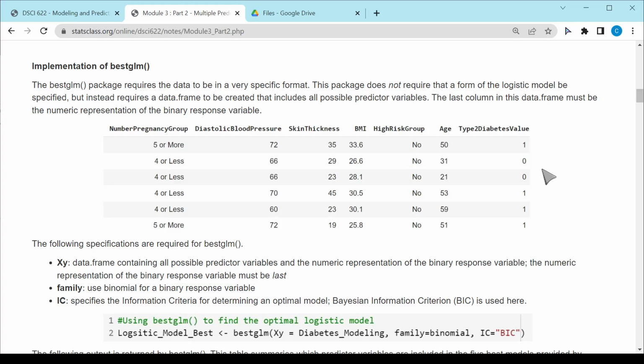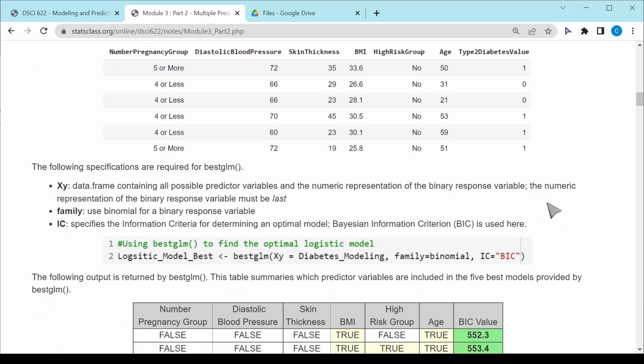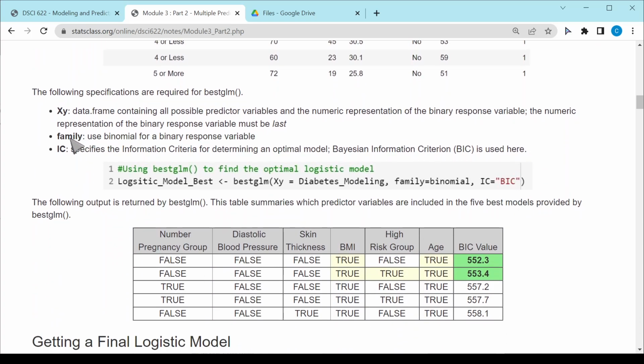This isn't unique to just bestglm. There are other packages that use this structure instead of the model structure that we've been using up to this point. We're going to again have to specify the family as binomial because we have a binary response variable. And then finally the IC, which is the information criterion, is just the criterion that you're using to determine your optimal model. And here that's going to be specified as BIC.